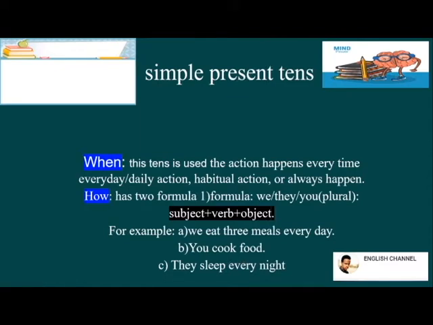So this is not an object. Every day, all these adverbs are used in simple present tense, like always, or daily, or every day, or every time, or anything. All these you will see later.